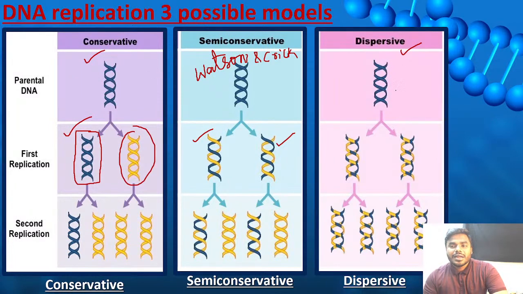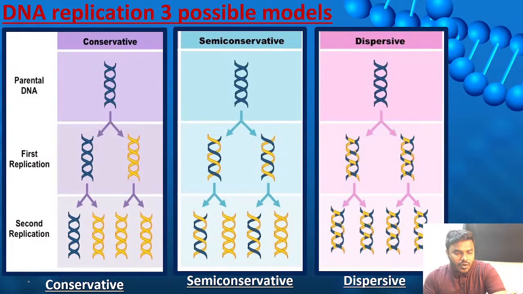According to the dispersive model, it is like cut and patch, which means small segments of daughter, parent, daughter, parent. That is the model we generally call the dispersive model.